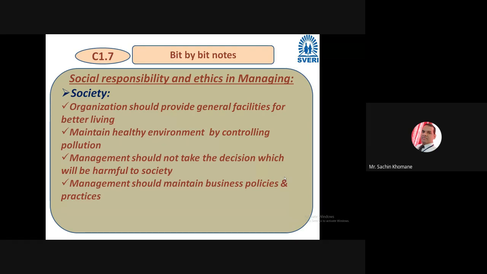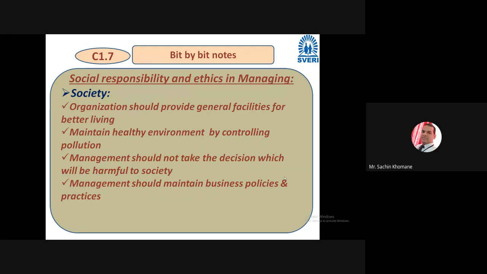Those who have a net profit of 5 crores are mandatorily required to do CSR activities. Only particular eligible organizations with net profit above 5 crore should provide some facility in the society.